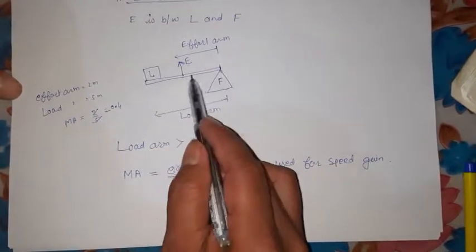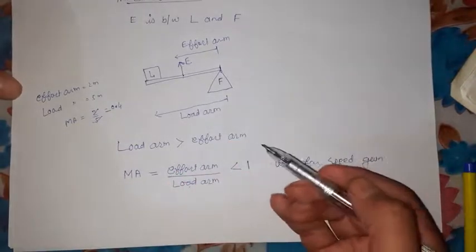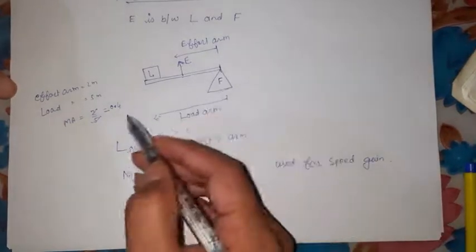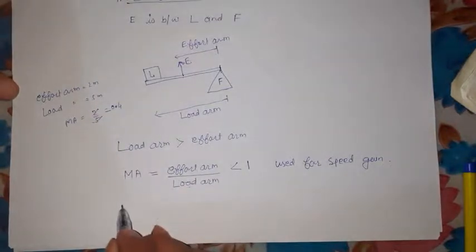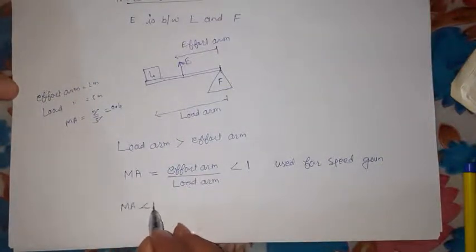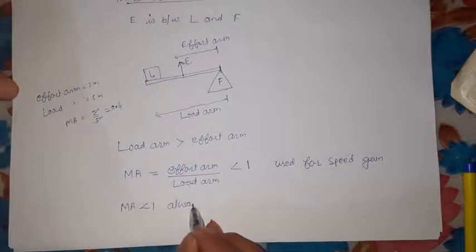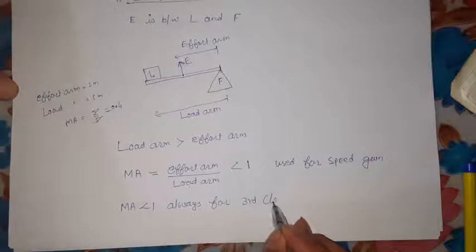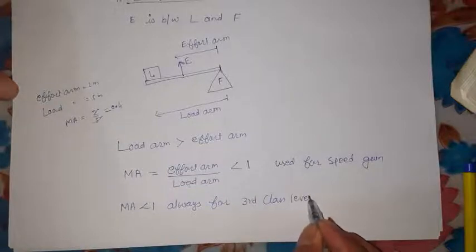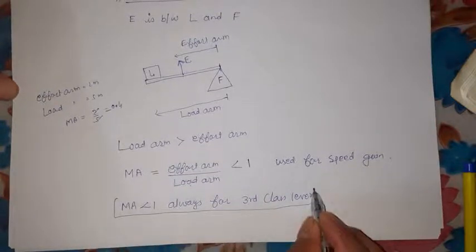So we never get a situation where the effort arm is greater than the load arm. Thus mechanical advantage is always less than 1 for a third class lever.